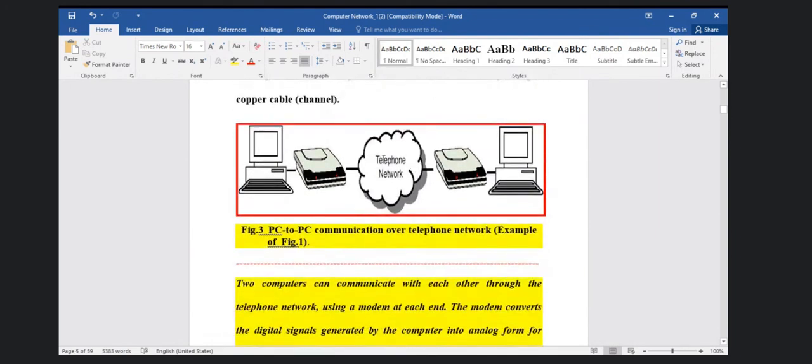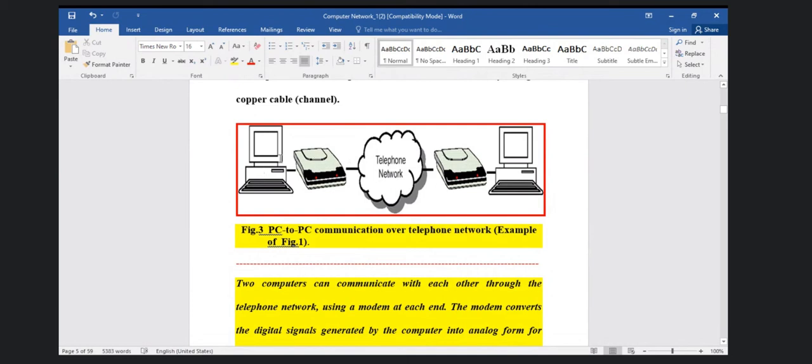And when we send it over a telephone network, here we have to use modems. The modem at the sending end acts as a modulator, and the modem at the receiving end acts as a demodulator.